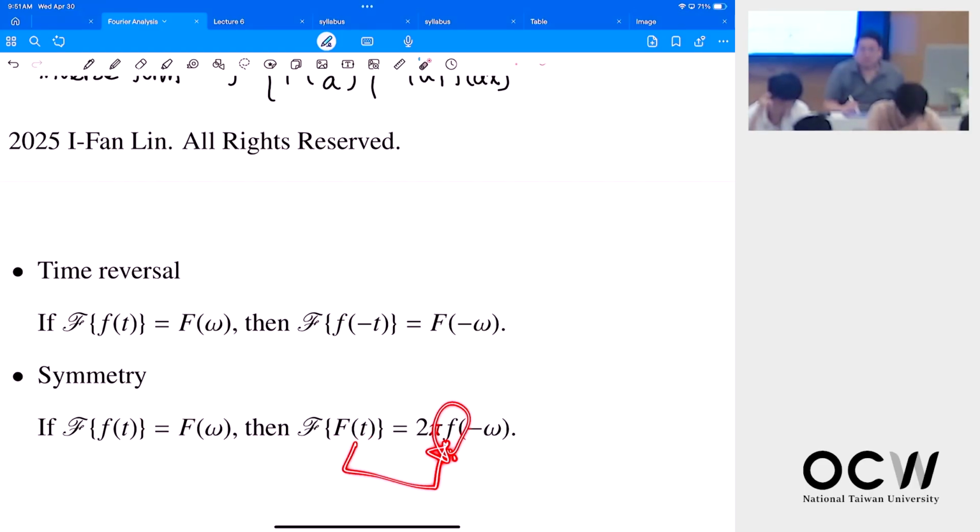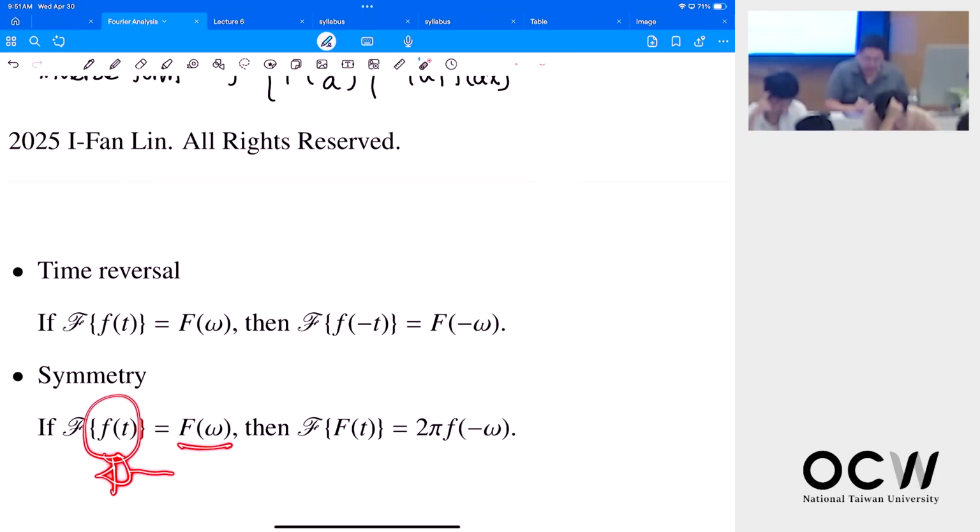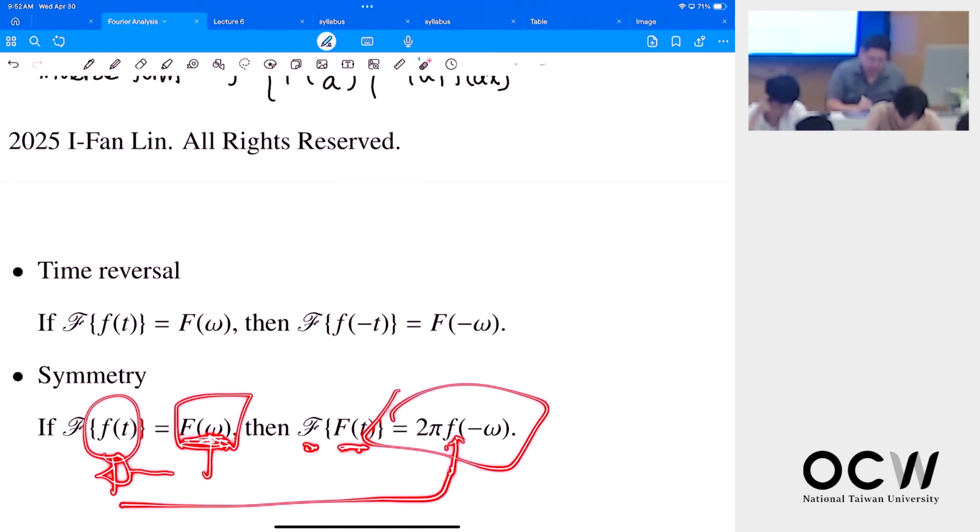In the beginning, I have f of t, and I do the Fourier transform. For this Fourier transform, I do the Fourier transform again, but we think about this function as a function of t in time. I do the Fourier transform, and in this frequency domain, you can see that this function is back to our original function f. But now we use omega for the variable, for the parameter.